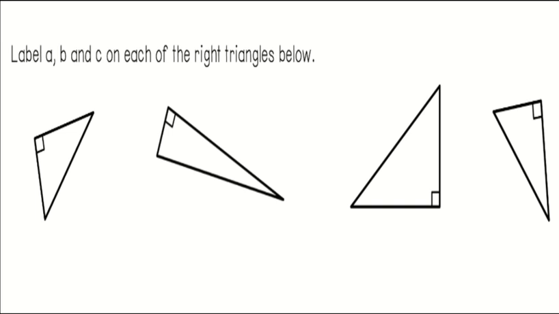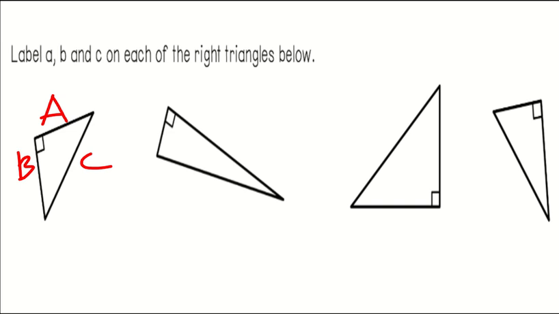These triangles, label all four of them with their side lengths, A, B, C. All four triangles, we need them labeled A, B, C. Yeah, we got A, B, and C there.